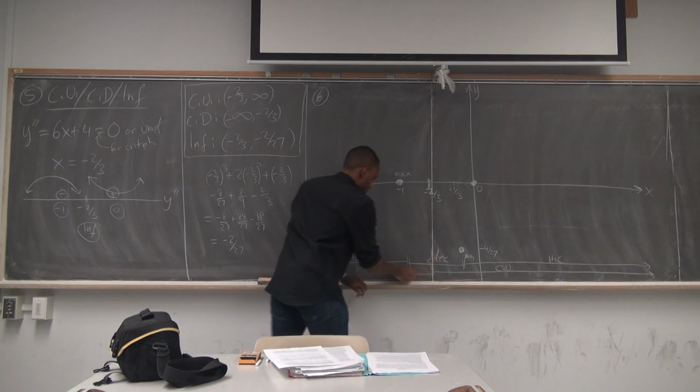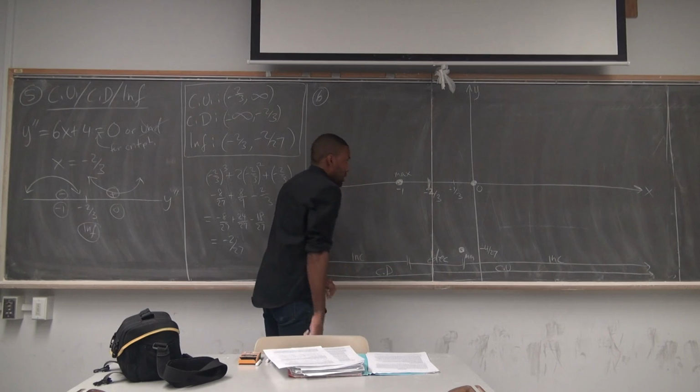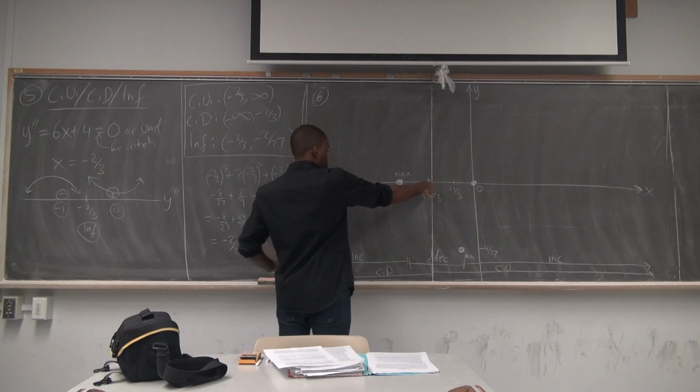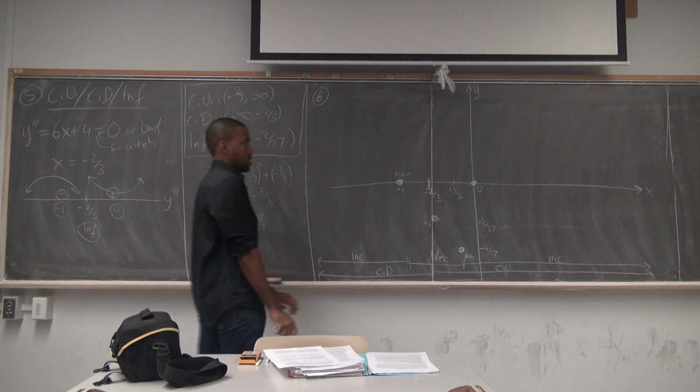And from that point back, I am concave down. Inflection happens here, at minus 2/27, which is halfway down. That's an inflection at minus 2/27. Okay, so that's all the information.